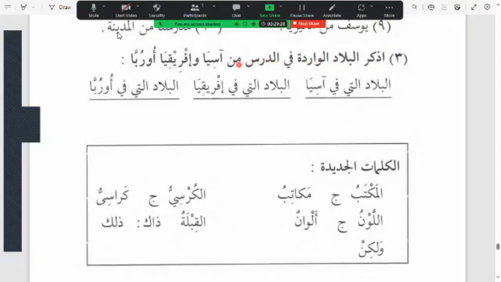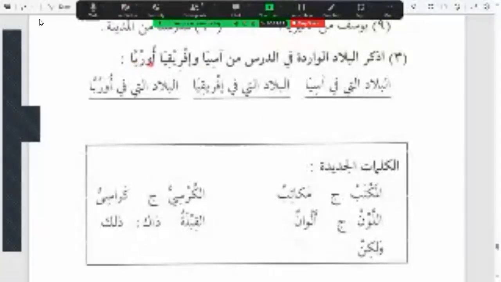Is it from Asia? This is Asia. Africa, this is Africa. Uruba, this is Europe. Al-Bilad alati fi Asia, countries which are from Asia.